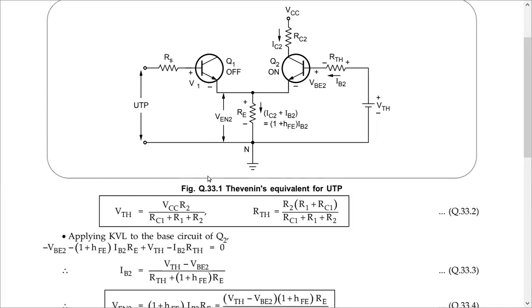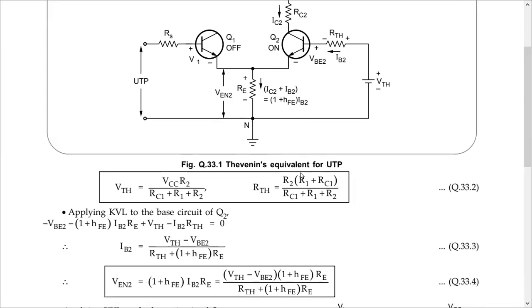What we are trying to do is this: only when UTP becomes greater than VBE1 plus VEN, this voltage, then only the transistor turns on. So we need to find what this voltage is. That is what we are doing now. Here, how to get IB2? Other than IB terms, send them to the other side.